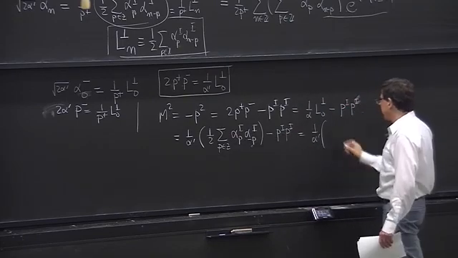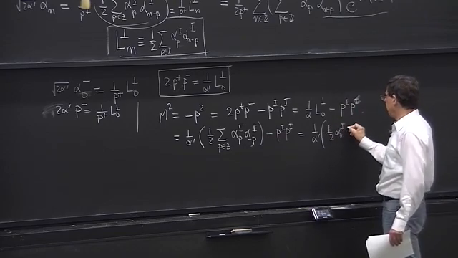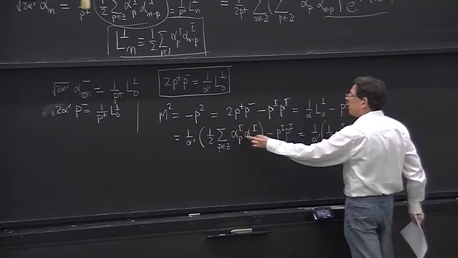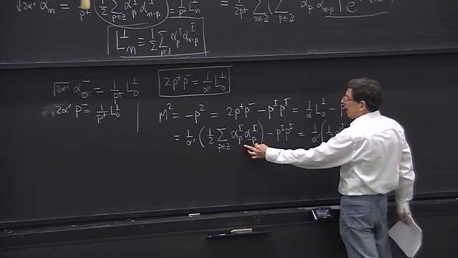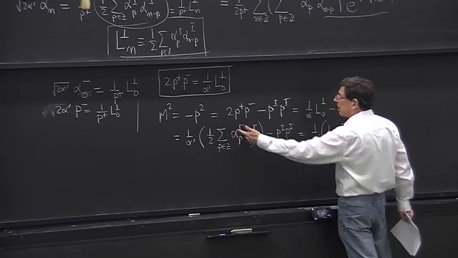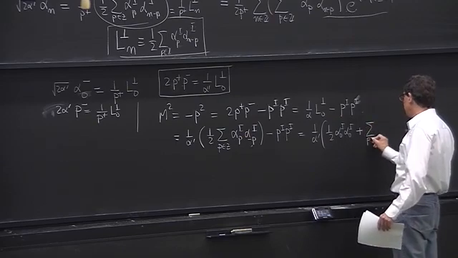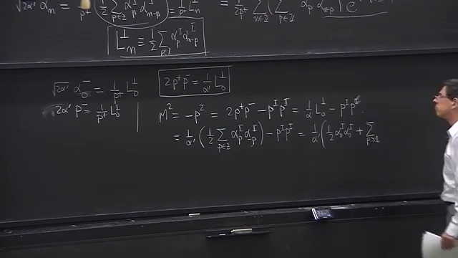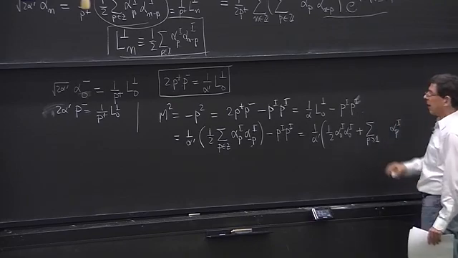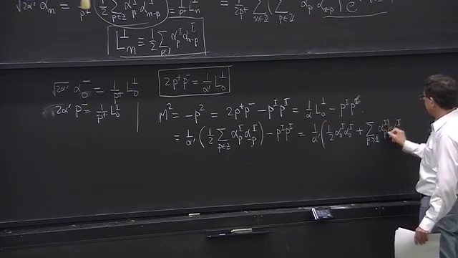Well, the p equals 0 term, let's put it apart. 1 over 2 alpha 0i, alpha 0i. And then there are the terms that have p positive and p negative. And they are the same because they have p and minus p. So you get twice all the sums for p positive. So you get plus the sum over p greater or equal than 1 of alpha p i. And alpha minus p would be alpha p i star.